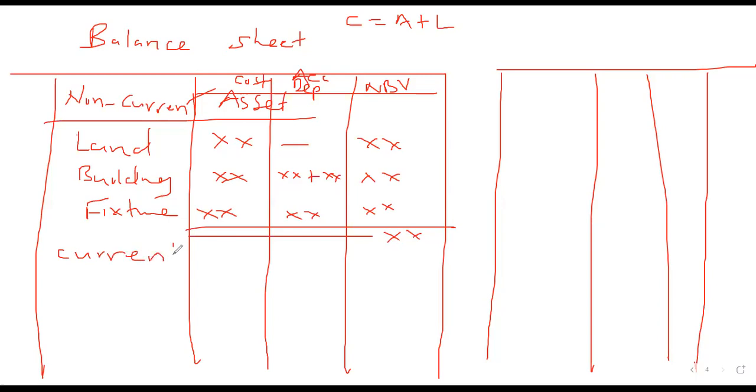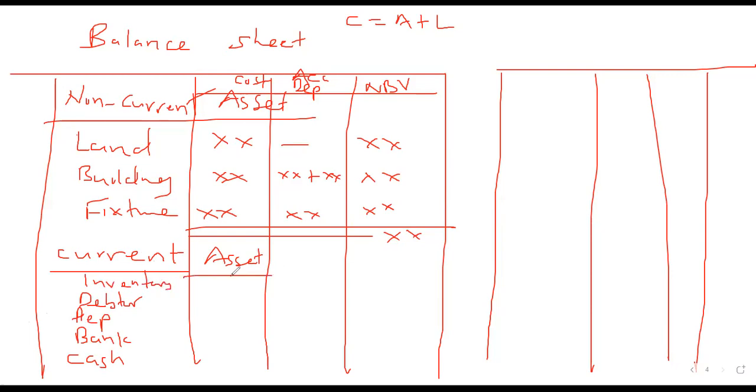Be careful to arrange the current assets in order of liquidity. Cash must be at the base here. We go to the bank here. Then we go to the debtors, the prepayment, and the inventory, if you have any.